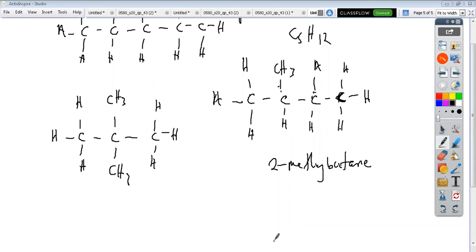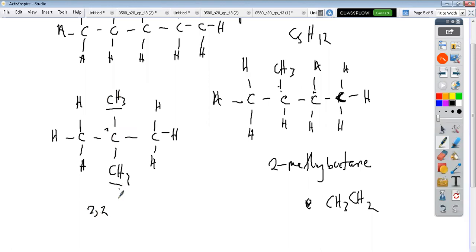Not ethyl. This is methyl, 1 carbon. Ethyl is when we have 2 carbons, when we have a CH3, CH2, like this. Are we together? So that's not ethyl. Look at the position. Position 1, position 2. This is what confused you, because it's 2 of them. We say 2,2.